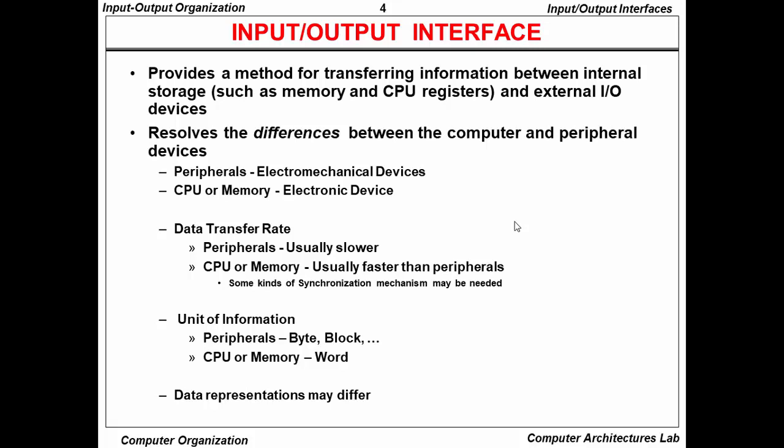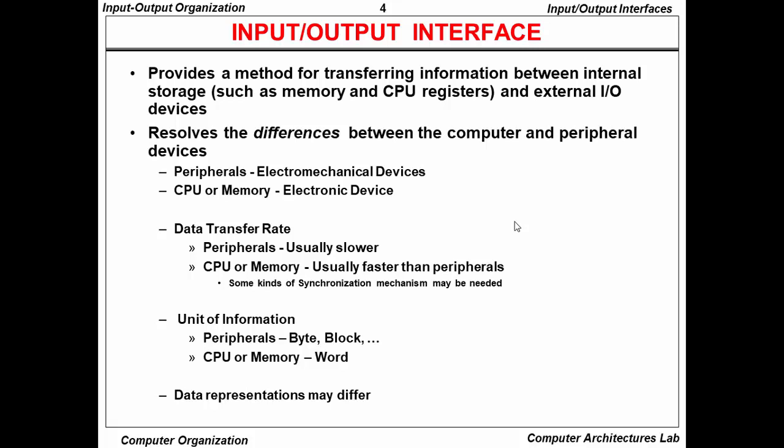When our computer system provides communication between the CPU and peripheral devices, there is a need to provide some kind of synchronization, or a need for some interface between them. Fine. So what is an interface? What is the IO interface, the input and output interface?